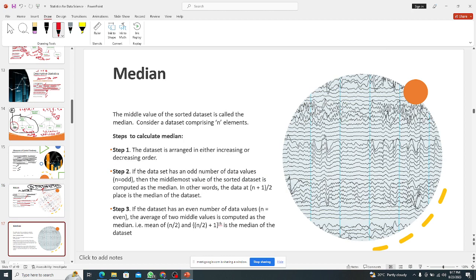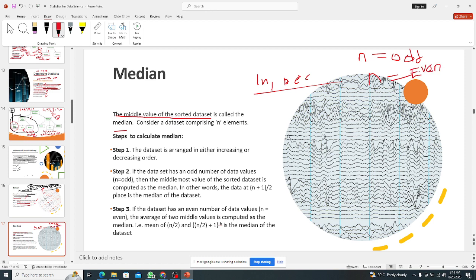Then the median. The middle value of a sorted data set is called the median. With that, we have to sort in increasing or decreasing manner. And then for the middle value, remember we can have n odd and n even.